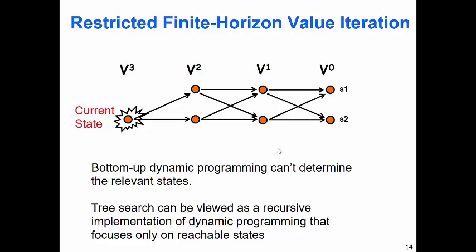And the forward way here is actually going to be more convenient because we'll start here and then we'll be able to just touch the states that we care about. And so we're essentially going to try to implement dynamic programming in a recursive way. And that will allow us to focus on the current state. And there are different trade-offs there.